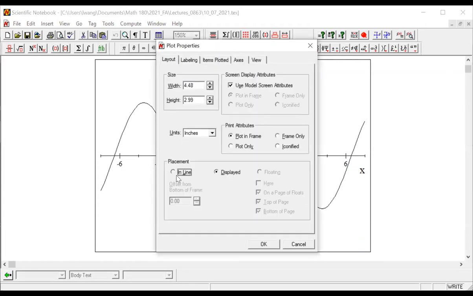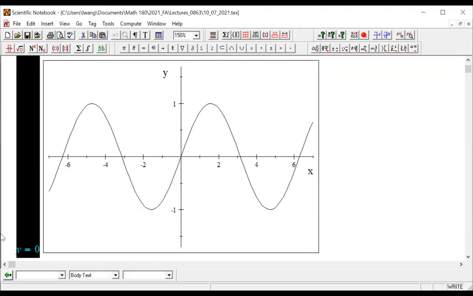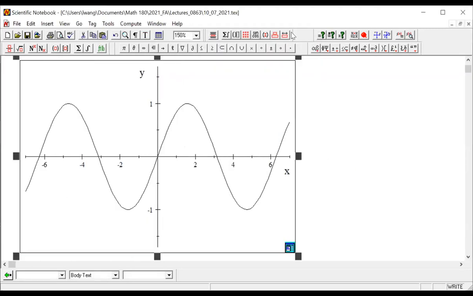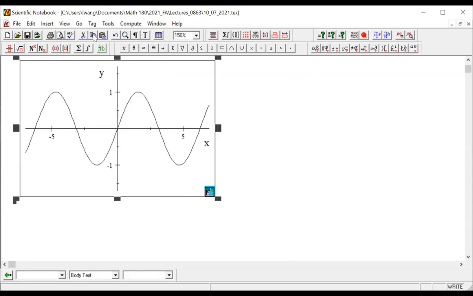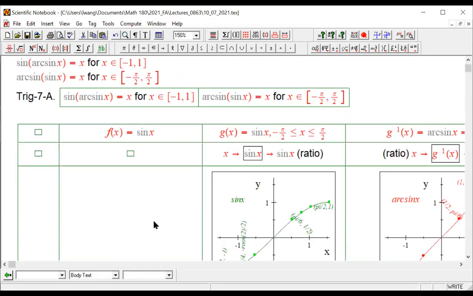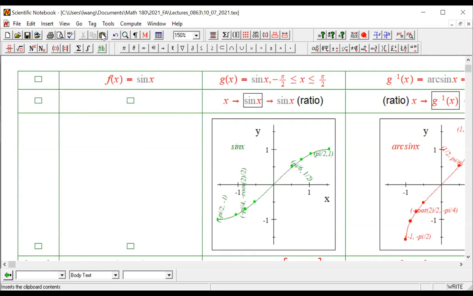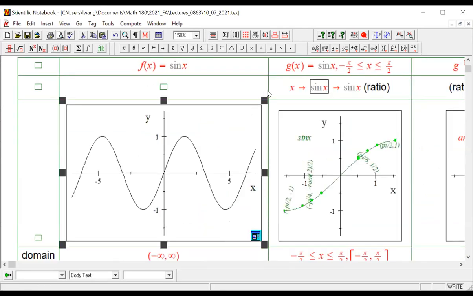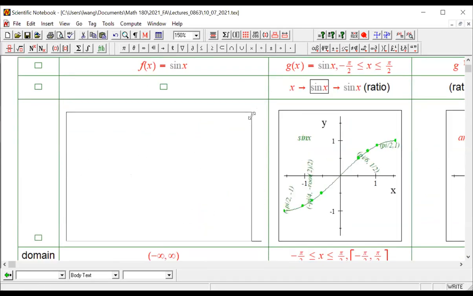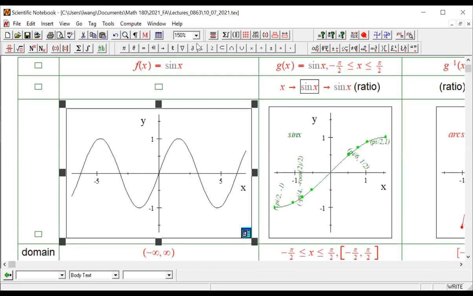By this time, we are pretty familiar with it, right? And I'm going to bring this curve to the top, to this table. So we see that table here, right? The three curves.